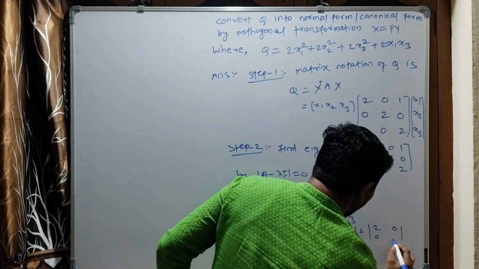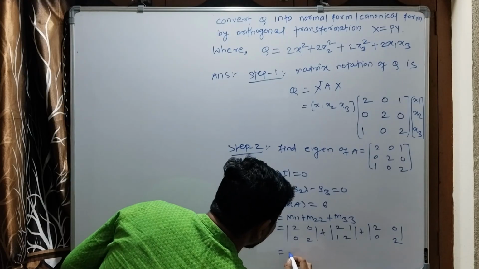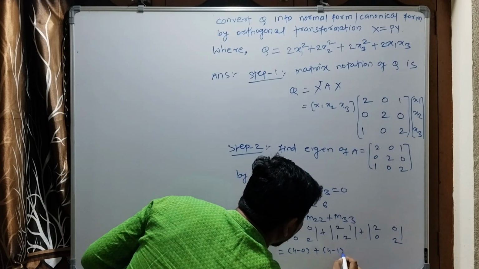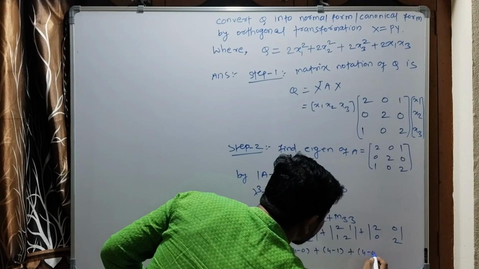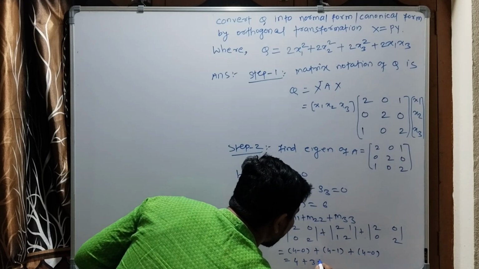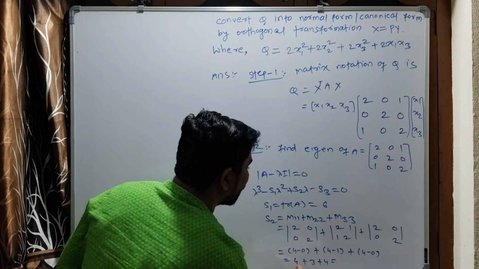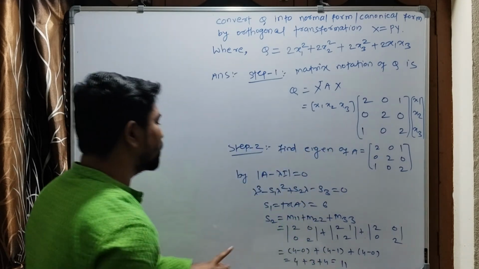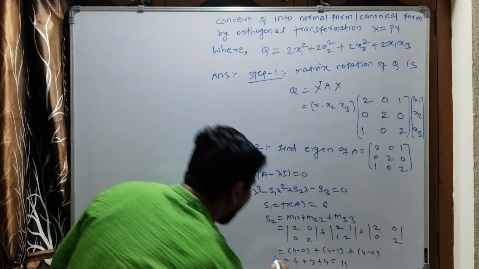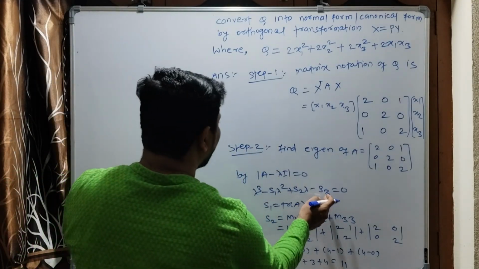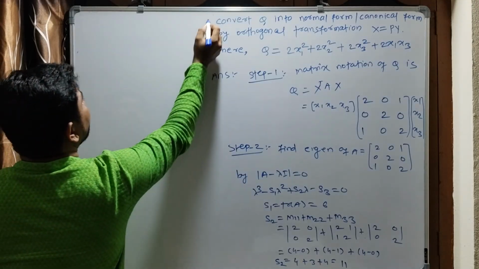So this equals 4 minus 0 plus 4 minus 1 plus 4 minus 0, which is 4 plus 3 plus 4, that is 11. So this is my S2. Now find S3, the determinant of the given matrix.